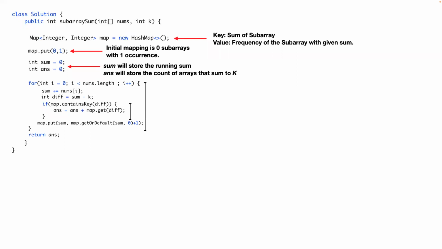So really, this algorithm can be boiled down to having a running sum, asking ourselves, can we take the running sum minus the target, and do elements exist in the past that add up to that difference? If so, that verifies that our target subarray also exists. How many target subarrays will there be? Well, there will be X target subarrays, where X is the frequency of how many subarrays added up to the difference. And then, of course, we return answer.